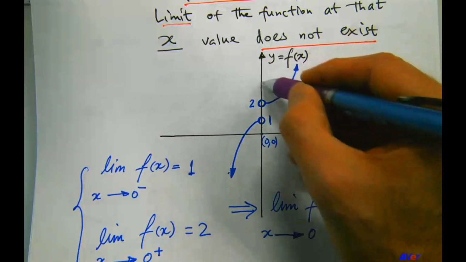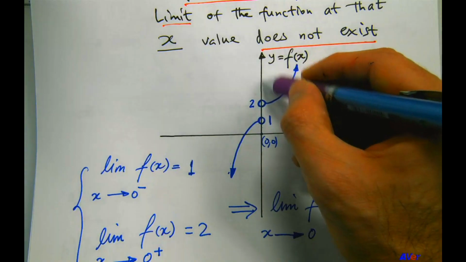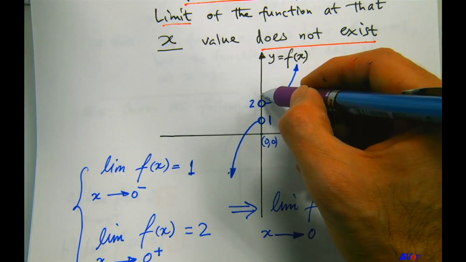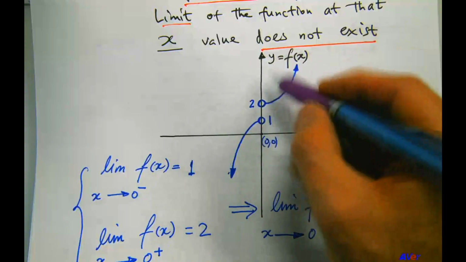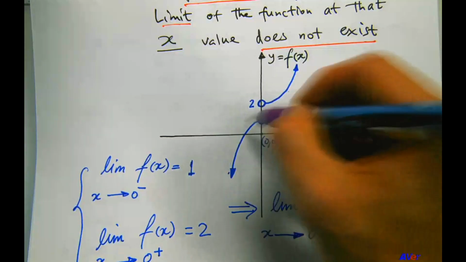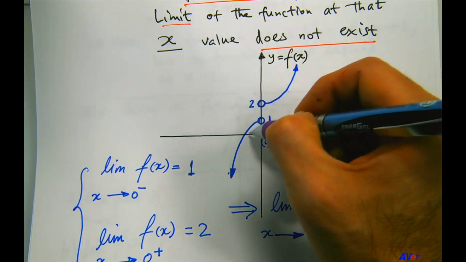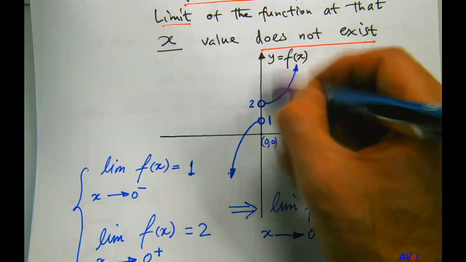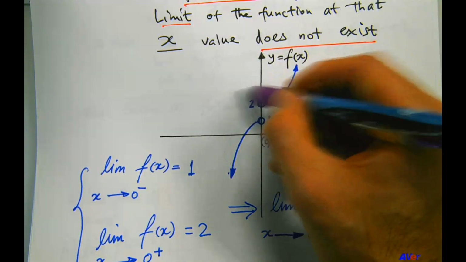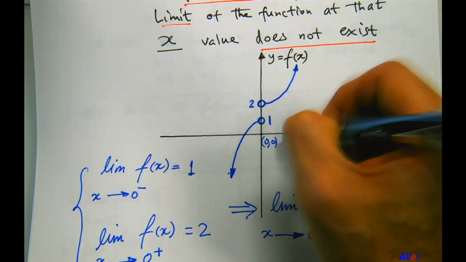So you can pick a large epsilon here, say from here to here, pick that epsilon, a large one, right? Then corresponding values of delta would exist. If you pick epsilon large, corresponding values of delta on both sides will exist.